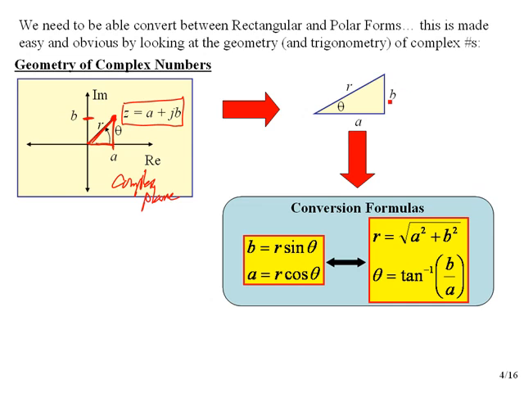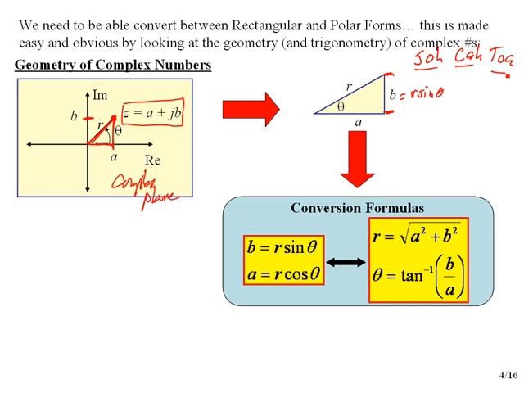We know that b here is just equal to r times sine of theta. So that's our old friend from high school, SOHCAHTOA, right? Sine is opposite over hypotenuse, cosine is adjacent over hypotenuse, tangent is opposite over adjacent.